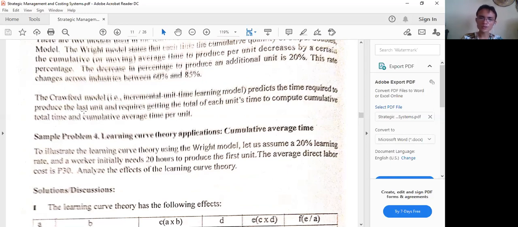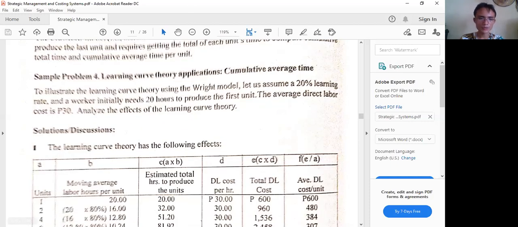So basically, we just have to add the time required to produce the last unit and the total of each unit's time to get the cumulative total time, and divided by the number of cumulative units, we get the average time per unit.